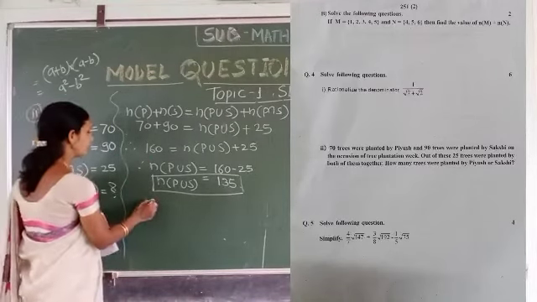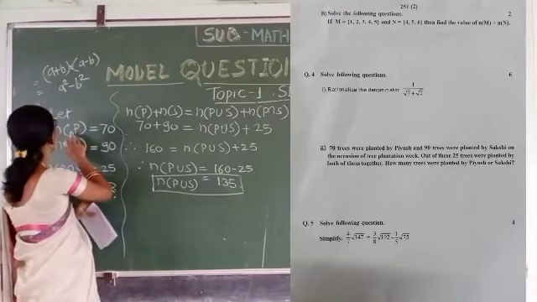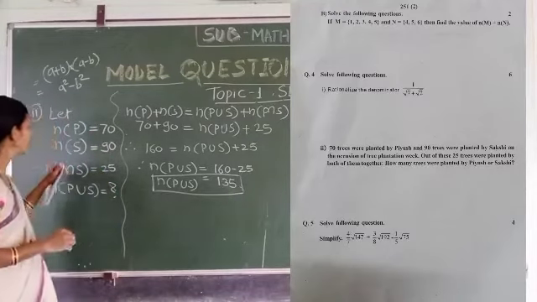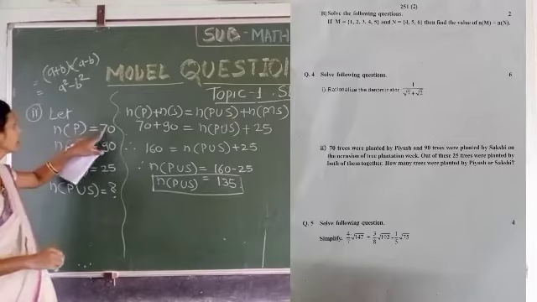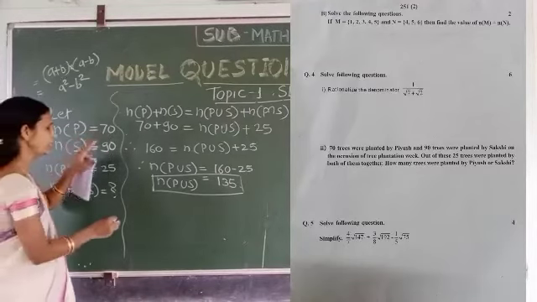And then we have to find the trees planted only by Piyush. The total planted by Piyush is 70.